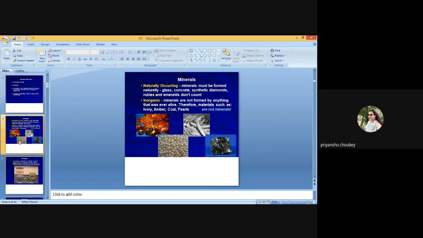oxygen 46.5%, silicon 27.6%, aluminum 8.1, iron 5.1, calcium 3.6, sodium 2.8, potassium 2.6, magnesium 2.1, titanium 0.16, and phosphorus 0.12. The content of none of the remaining 70 elements found in the earth crust individually exceeds 0.1%.